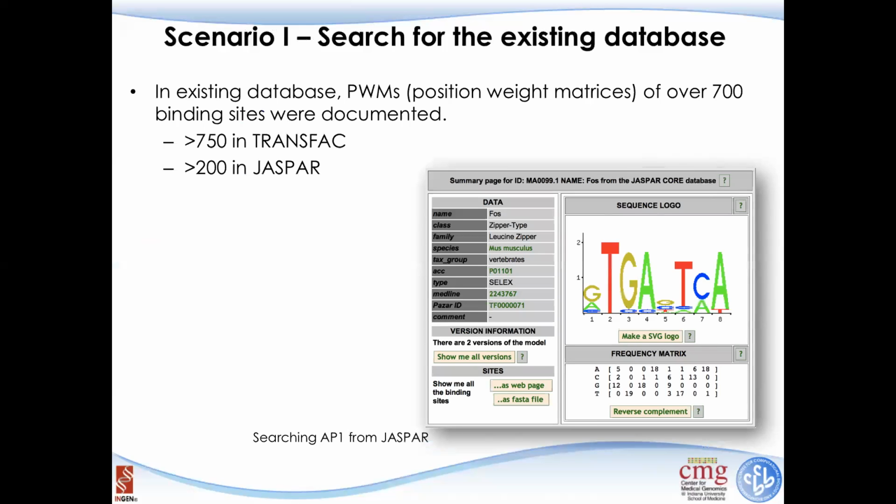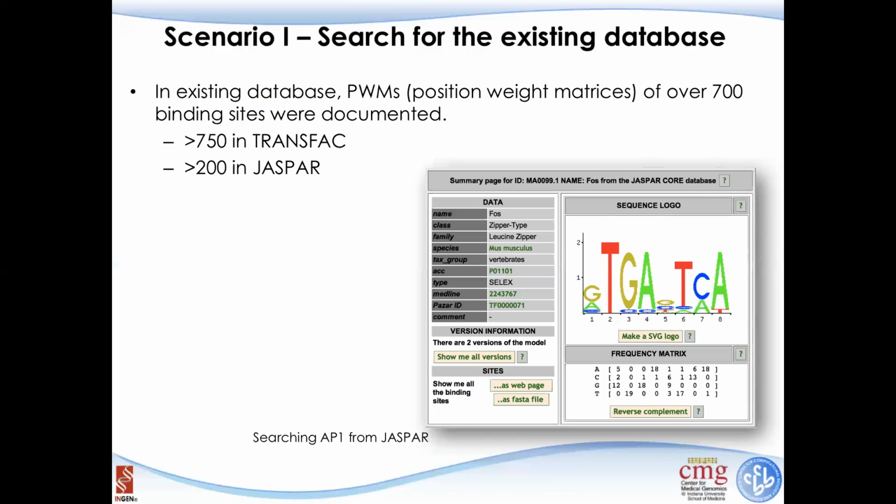For example, if we search for one transcription factor from JASPAR, they will show us the motif logo they documented. This is the name, what class it is, what family, the species, the taxonomic group, and all the information.